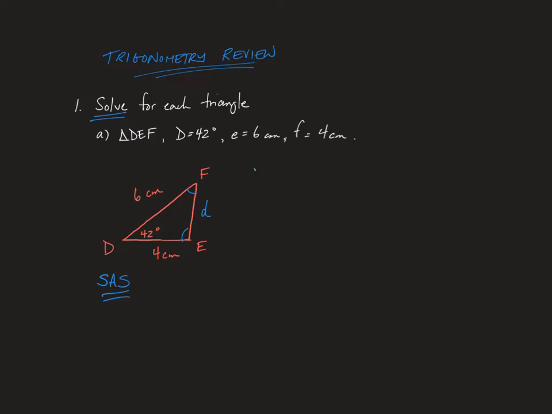So, for me, I can now find what side D is. So, I've got D squared. As a review of cosine law, we should know that cosine law is really based on Pythagorean theorem. So, D squared has to equal the sum of the squares of the other two sides, E squared plus F squared.